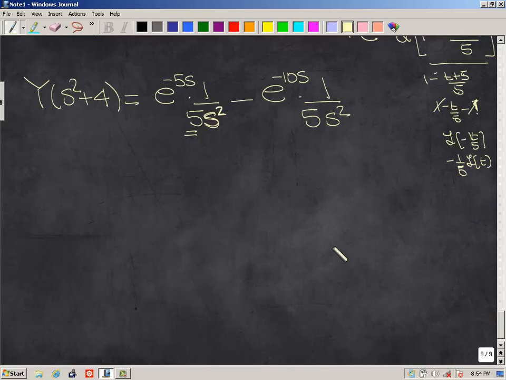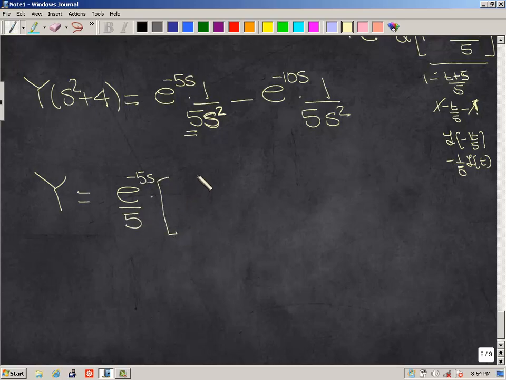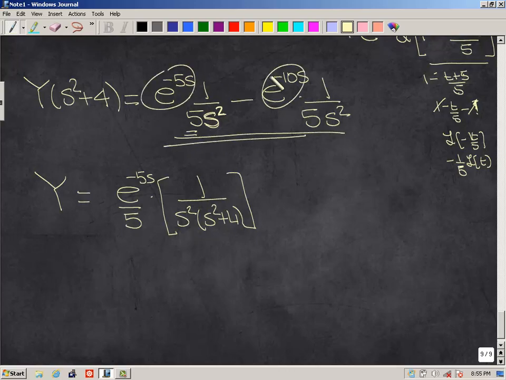Next we divide by s squared plus 4. So we get e to the minus 5s over 5 times 1 over s squared times s squared plus 4. You notice I didn't combine these two. I can't because of these exponentials.